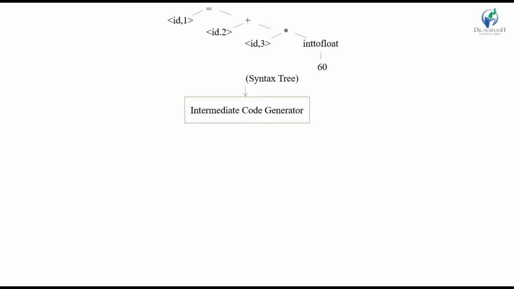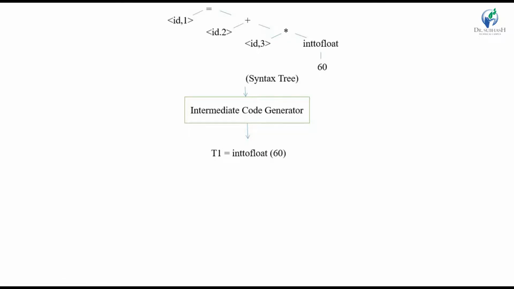So how does it generate? Here is the output of the Semantic Analyzer, which is given to the intermediate code generator, which generates the intermediate representation. In the intermediate representation, first it converts this procedure, integer to float. Which number? The number is 60. So integer to float, then store it in a temporary variable.